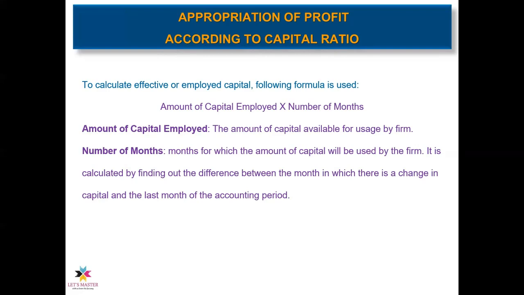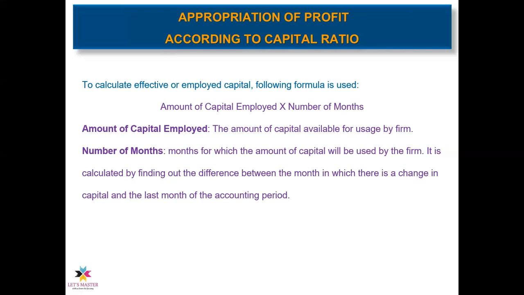deduct the number of months in which there was a change in capital. So the change in capital was for 7 months. In total, we have 12 months in an accounting period. Out of that, in the last 7 months, there was a change in capital. So we will deduct 7 from 12. The result would be 5.